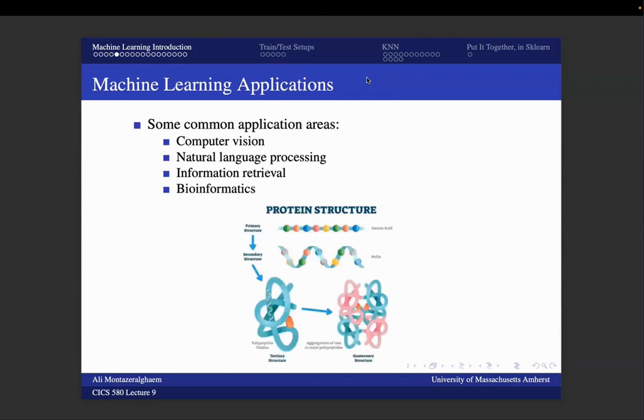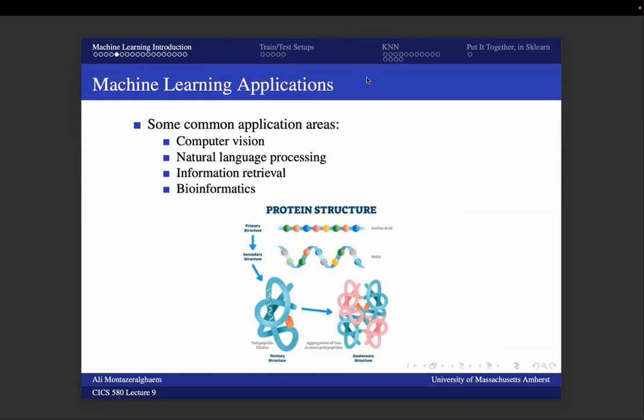Computer vision, natural language processing, and information retrieval are areas in computer science, but machine learning can be applied in other areas from other fields, for example, bioinformatics. I'm not familiar with that, but I'm sure that they are using machine learning.